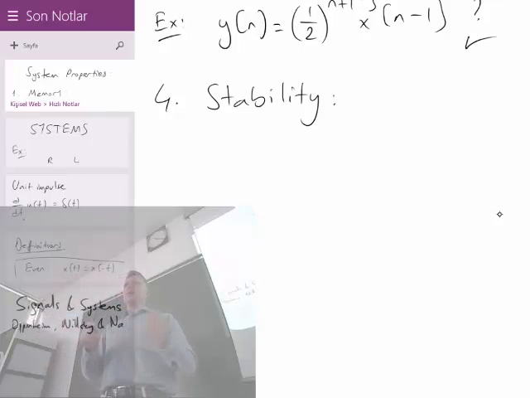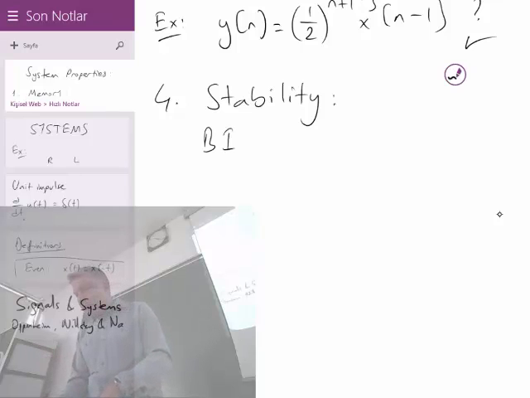You will see a property, or it is causal because of this. You will immediately tell me, but for the time being we don't have the tools yet, so you have to use your imagination and your inspection, intuition sometimes. So stability is bounded input, bounded output stability, also abbreviated as BIBO.